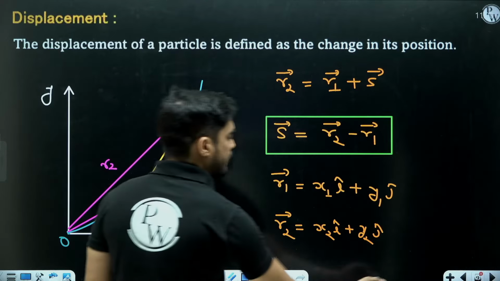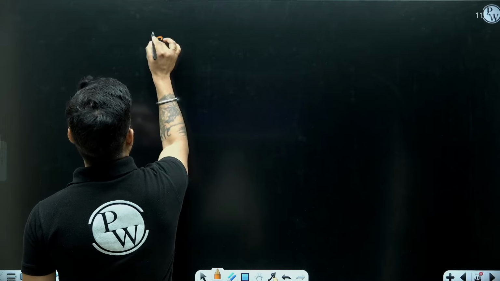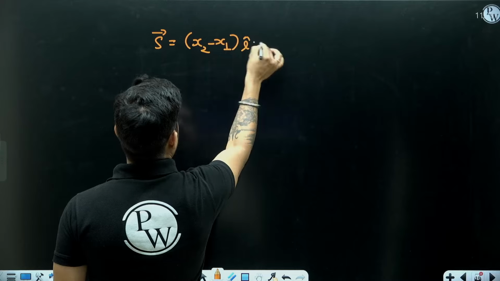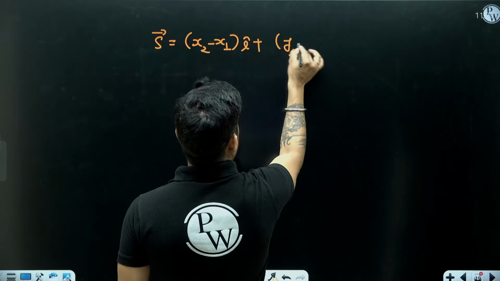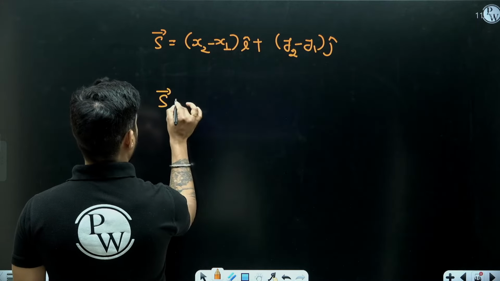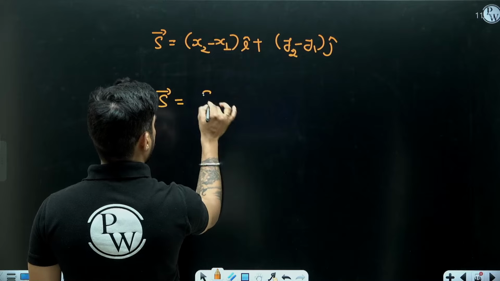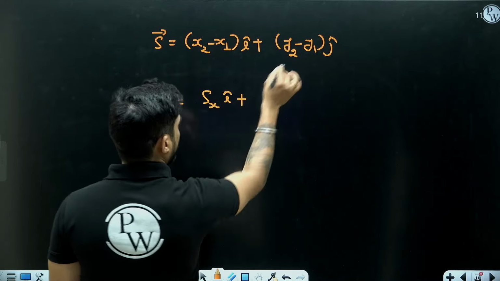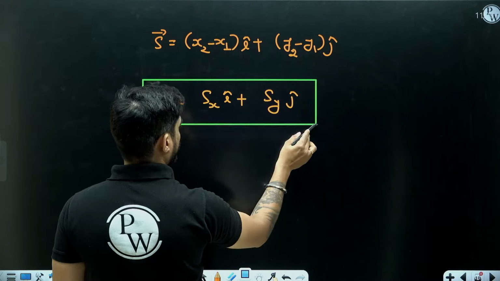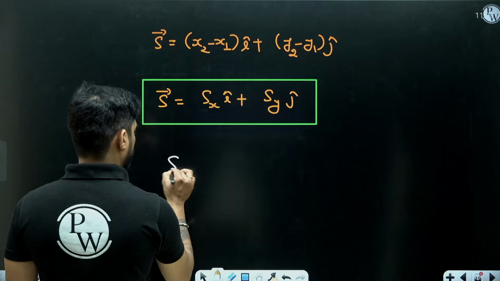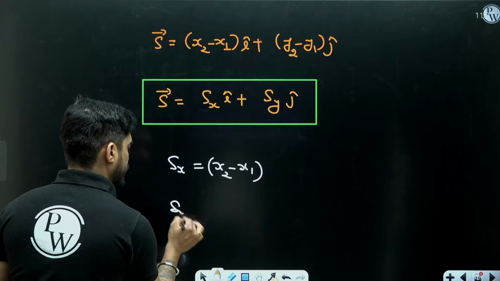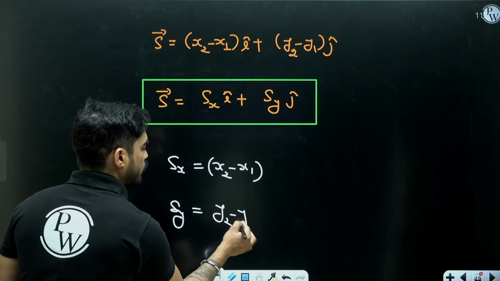So now what you can do is, S will be equal to (x2 minus x1) i cap plus (y2 minus y1) j cap. Or you can write it like this: x2 minus x1 can be written as sx and y2 minus y1 can be written as sy. So here sx is x2 minus x1 and sy is y2 minus y1.